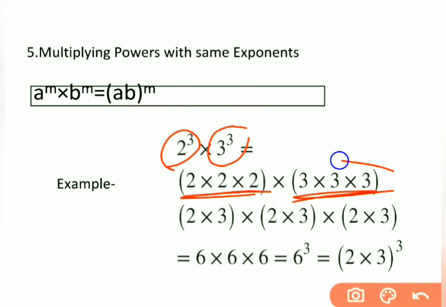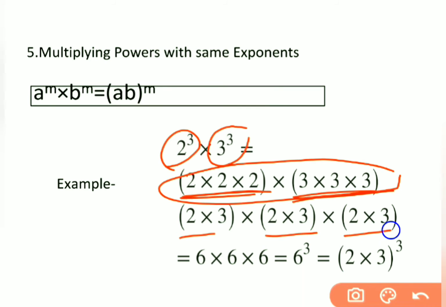When we combine the whole multiplication, we get 2 into 3, 2 into 3, 2 into 3, means triplet of 2 into 3. 2 into 3 means 6, so we get 6 three number of times. 6 is multiplied by itself 3 number of times, so we get 6 raised to the power 3.